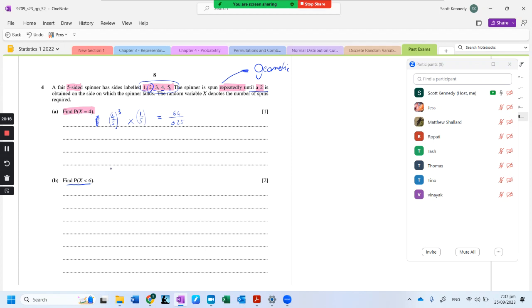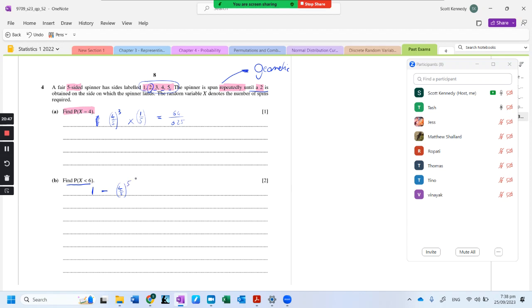Now this one here, probability that X is less than 6. So in other words, that it takes less than 6 turns for us to get it. Tash, what would you do in this situation? Yeah, which one is it? It is 5. Yep.